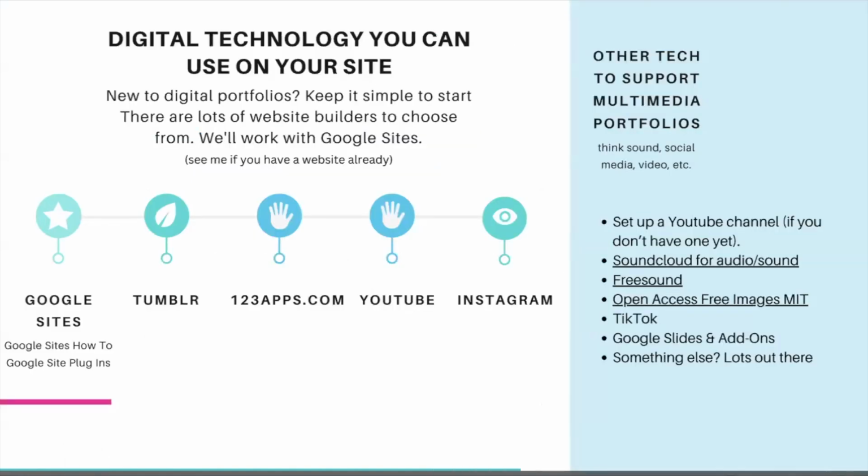The digital technology you can use on your site: new to digital portfolios, I say keep it simple. There's lots of website builders to choose from, and I'll just be taking you through Google Sites. Let me know if you already have a website, however, we can build off of that. So Google Sites, there's lots of videos, and some I think tagged here on how to use it and different plugins you can use for Google Sites.